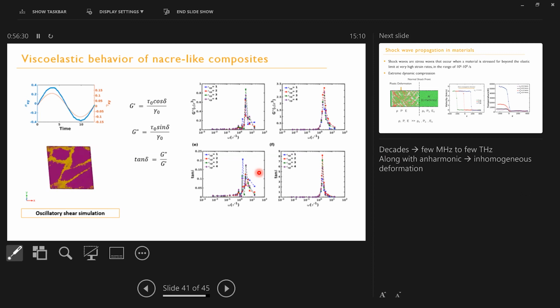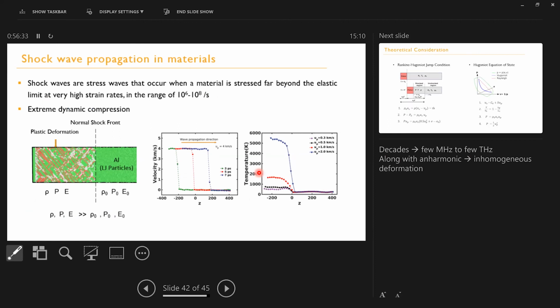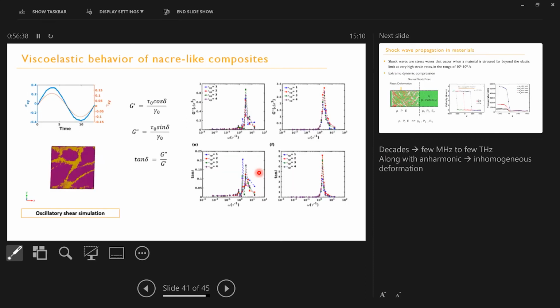Okay. All right. The final example that I wanted to show is a very high strain rate deformation. Yeah, the morphological changes will definitely happen.